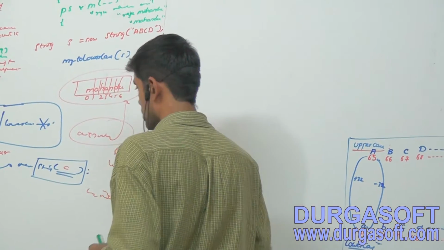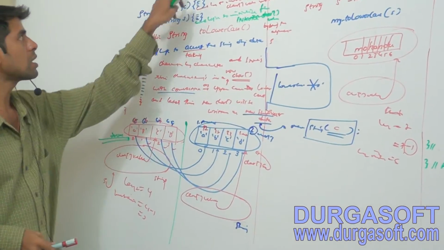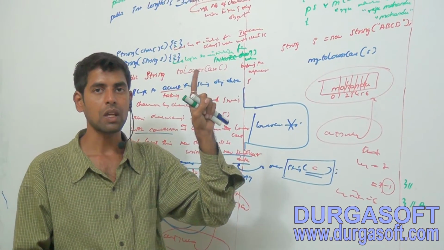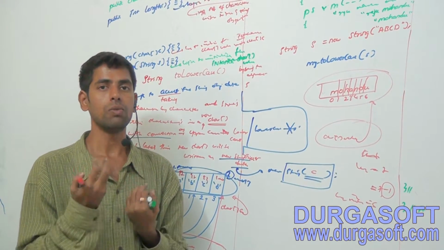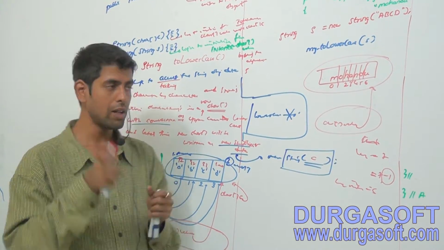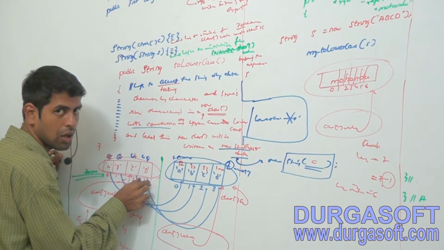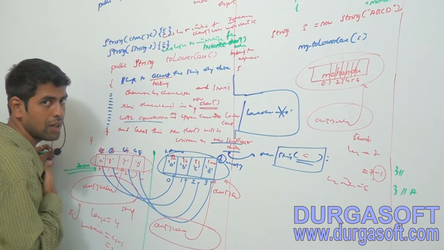So I get one small thing: by using the length method's return value, if I put minus 1, I am going to get the value of the last index of the string.